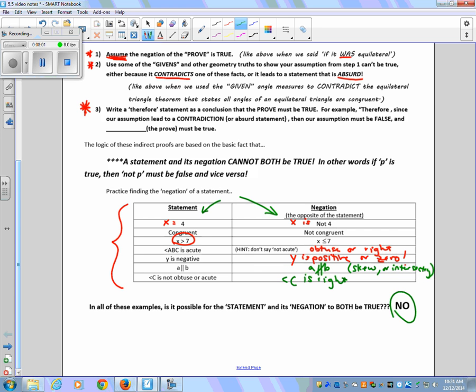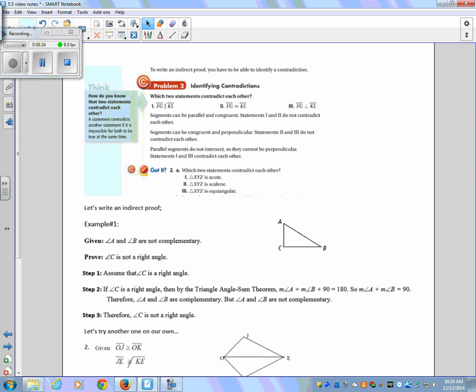It's either one or the other. So if you can prove that angle ABC is acute is false, then you've basically proven that the angle is either obtuse or right. Okay? So that's what the indirect proofs are doing.